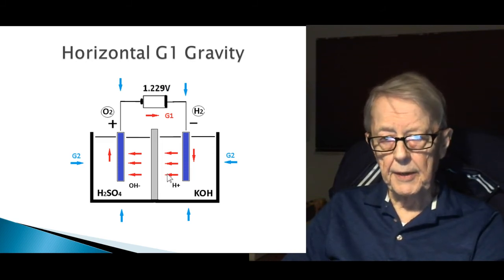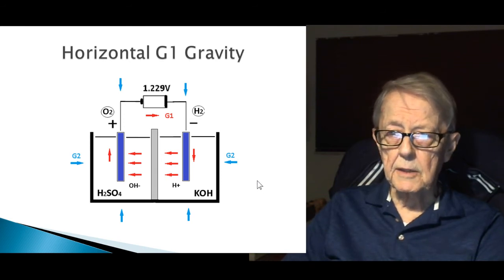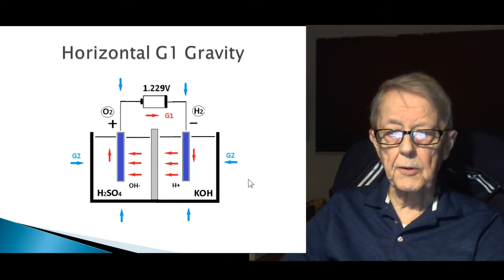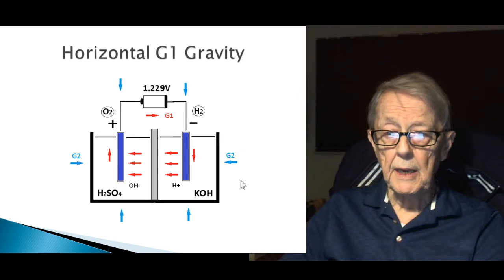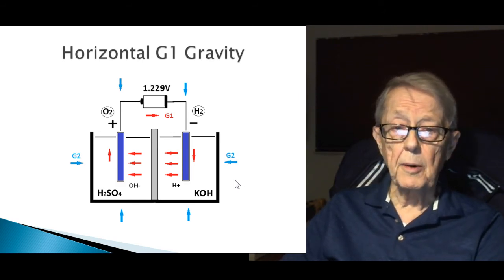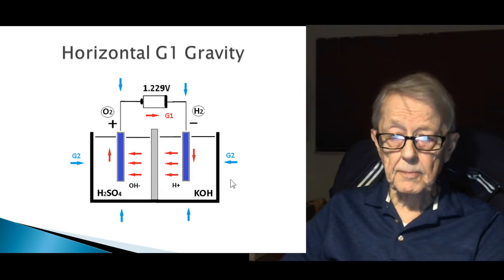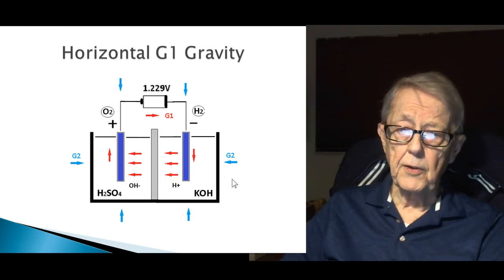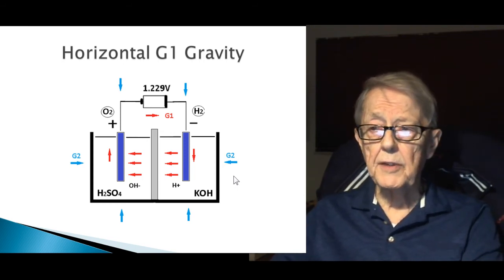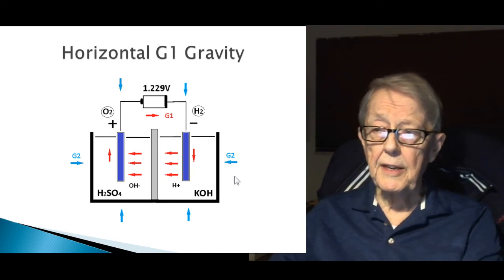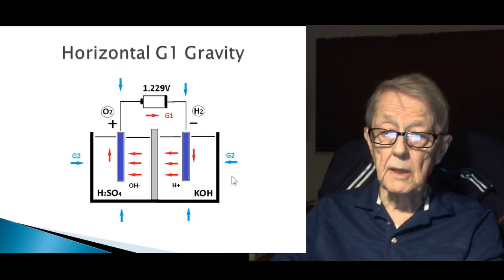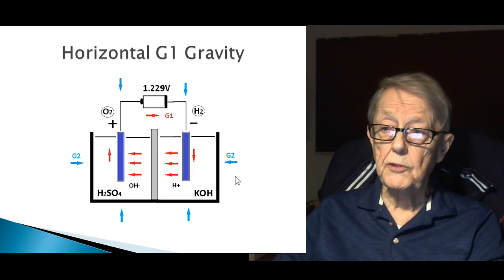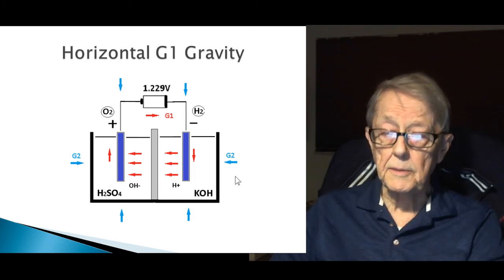Horizontal G1 gravity. I've mentioned this several times, not so much here. In some other presentations I've made, I've talked about horizontal gravity, and I always get a little bit of a snicker, but horizontal gravity in terms of the particle model is a reality to me. It's a real feature of the particle model. And if you know anything about Henry Cavendish's experiment where he tried to find the mass of the Earth, in the process of doing that, he actually discovered the value of G, the Newtonian gravity constant.